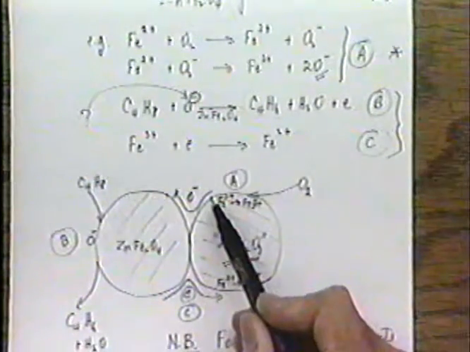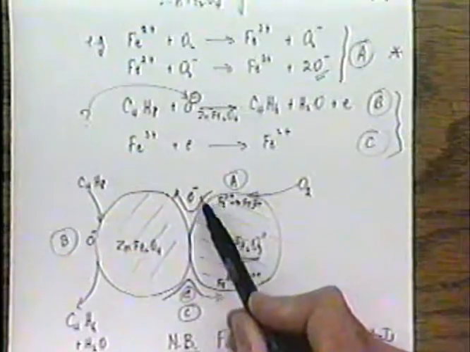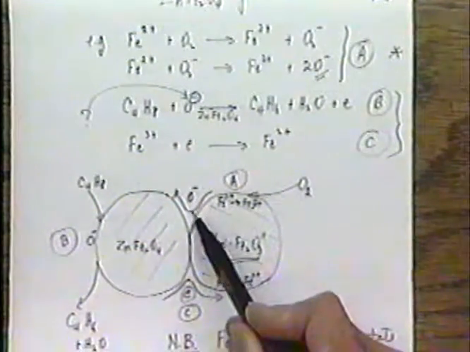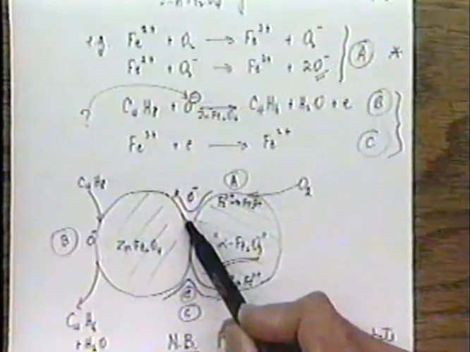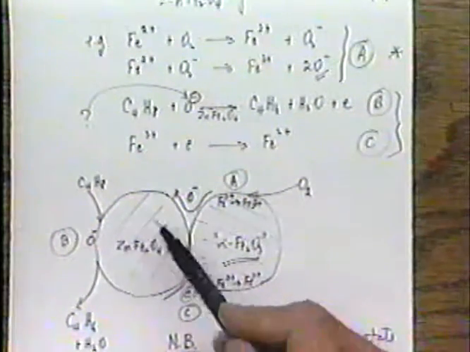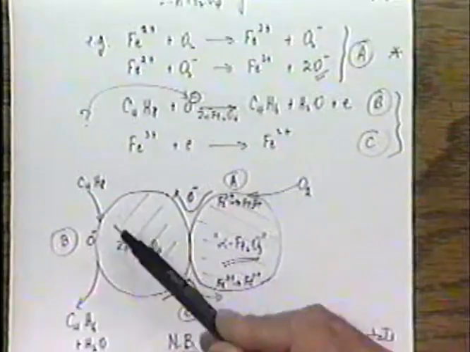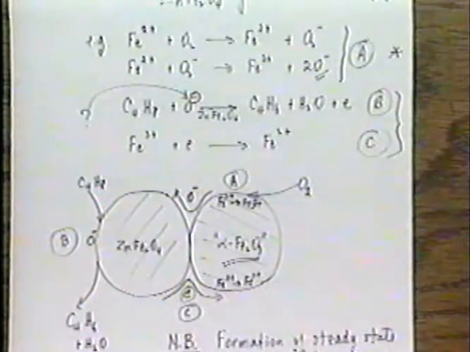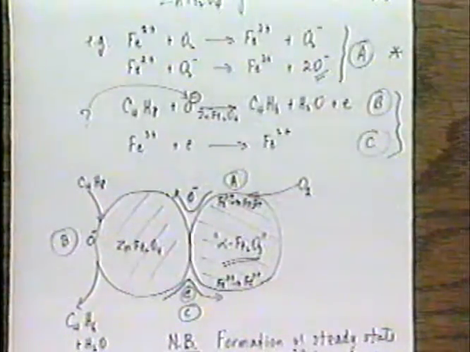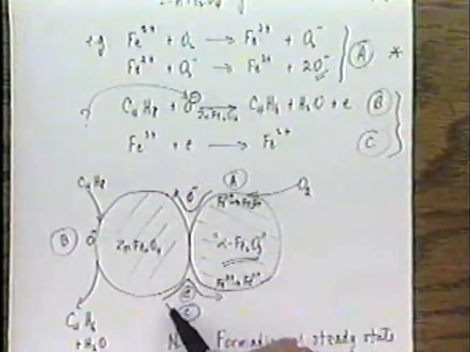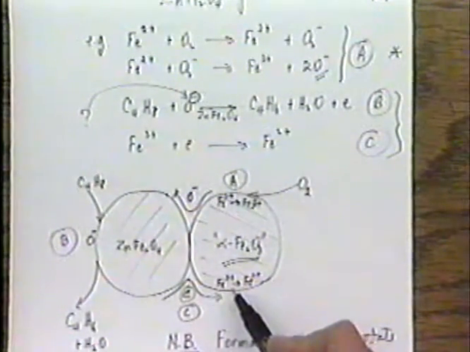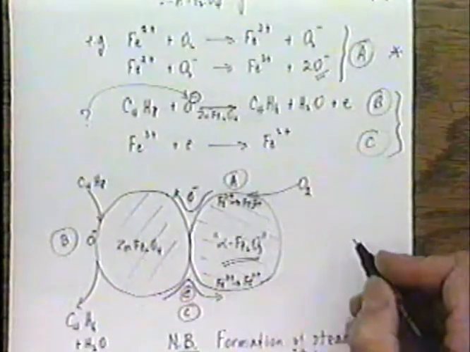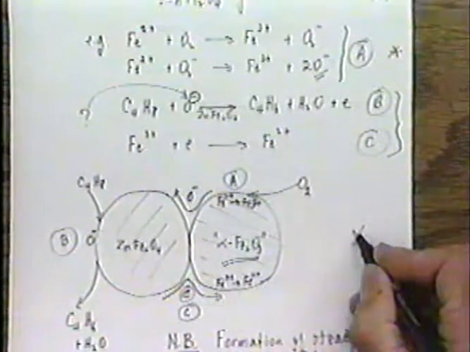It then assumes that by surface migration, the O- ion is transferred to the other phase, and it ultimately will encounter an adsorbed butene molecule, and the dehydrogenation step goes, and then you've got to get rid of the electron, which comes back onto the other particle. That is, in fact, as it was presented in the Journal of Catalysis.